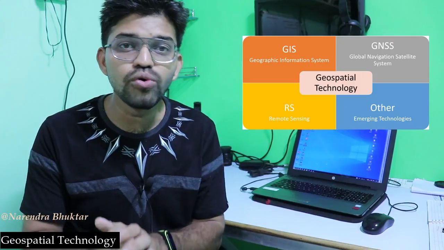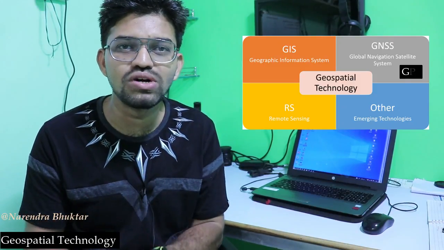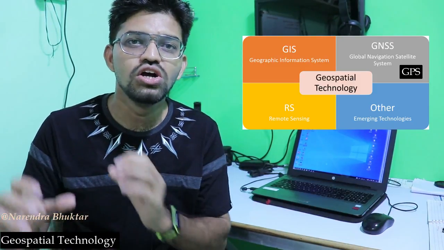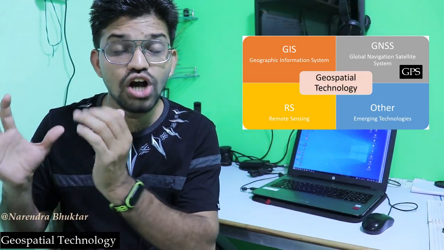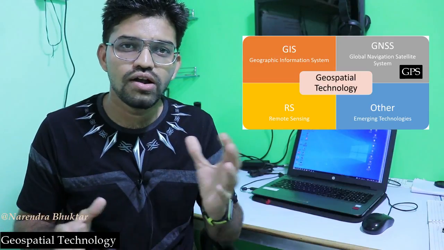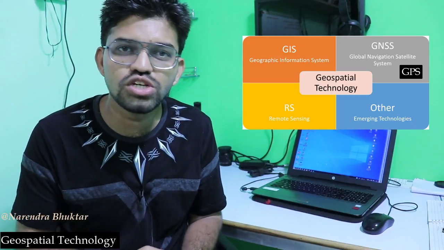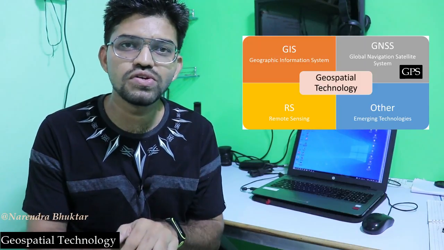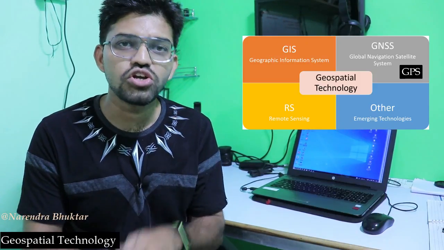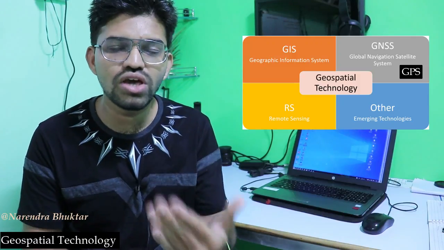So guys, how does this geospatial technology work? What are the different key components that give information to this technology hub, basically? Nowadays we are using smartphones. These smartphones are fitted with a GPS module. The GPS module continuously tracks your location, what you are searching and what you are looking for.